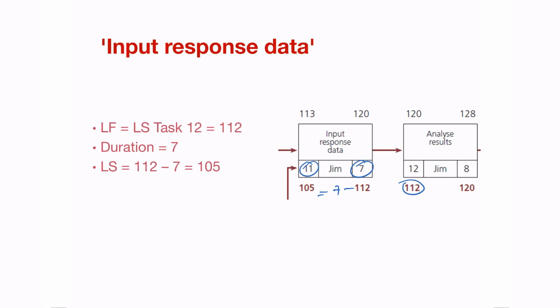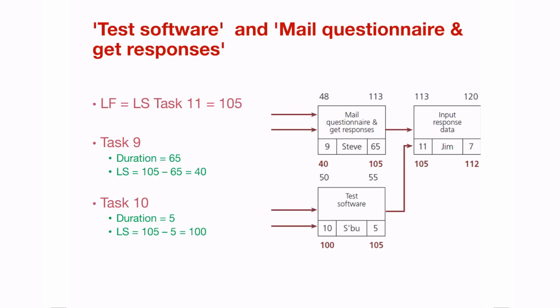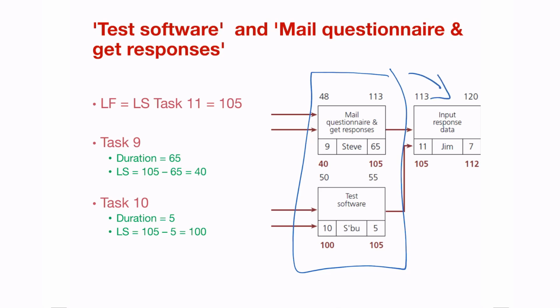But now our network splits into 2 activities. So now we've got 2 sets of activities which are dependent on activity 11. When is the latest that the mailing of the questionnaires and the testing of the software can finish?